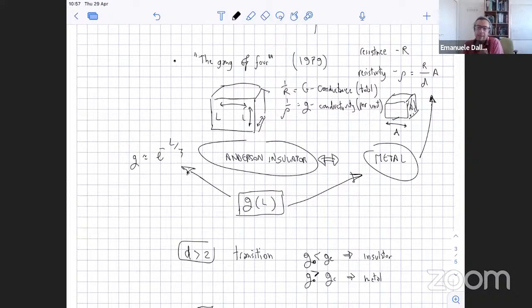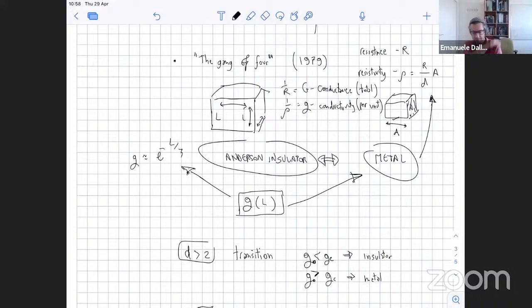Depending on whether you started from a G that is smaller or larger than the critical, this will either go up or down. As with any scaling argument, the scaling argument has what is known as an ultraviolet cutoff. At short distances, meaning high frequency, it will break down. This is where you start your analysis, and then you increase more and more and see in which direction you go.